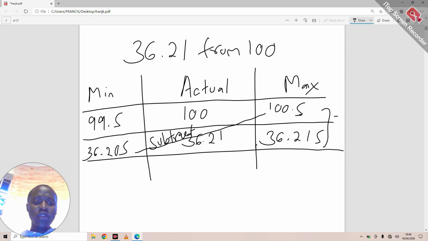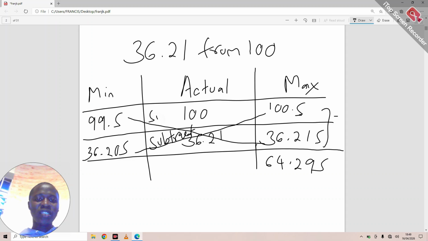So, you take 100.05, you subtract 36.205. So, you shall get the maximum subtraction. That one will give us 64.295. How about when it comes to minimum? You crisscross from that end to that end.